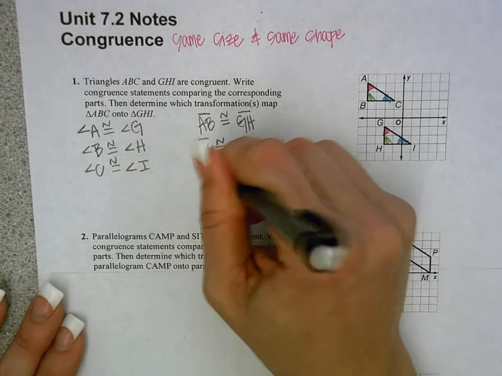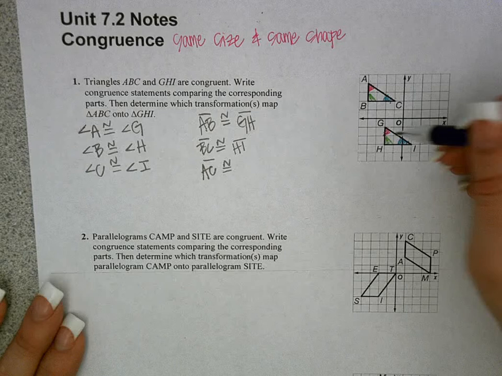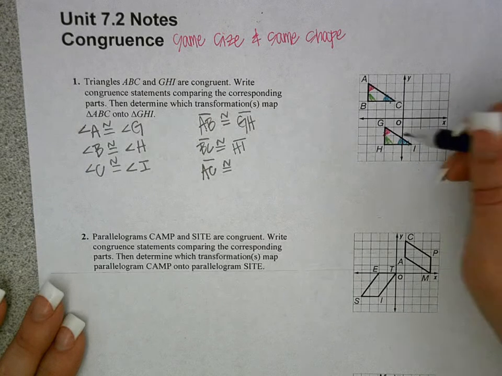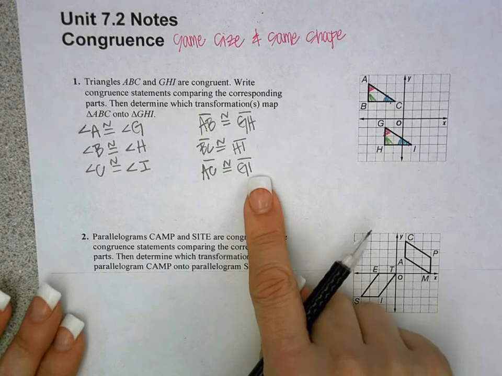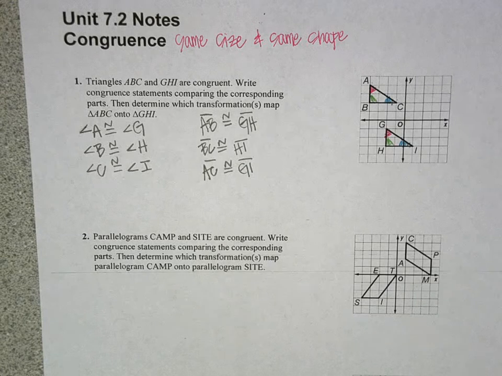So AC is congruent to which one? GI. If I went from pink to blue, I have to do the same thing on this one. Pink to blue, GI. If you wrote it backwards, if you wrote IG, that would be wrong. They have to be written in that exact same order. As long as they're written in the correct order, that's fine.